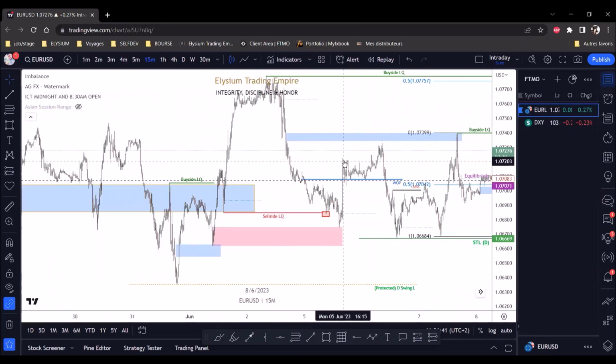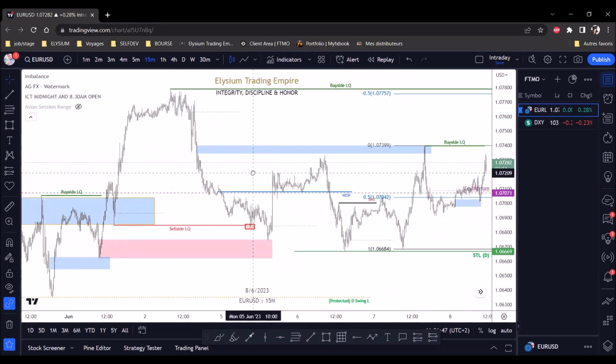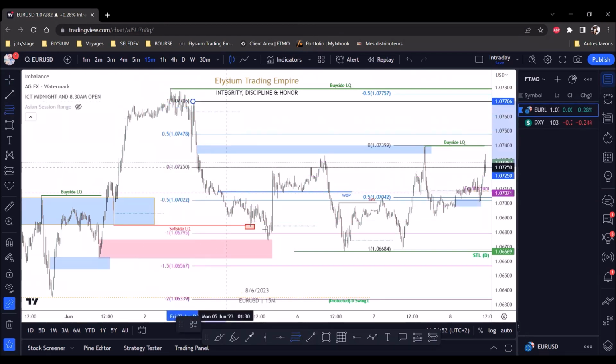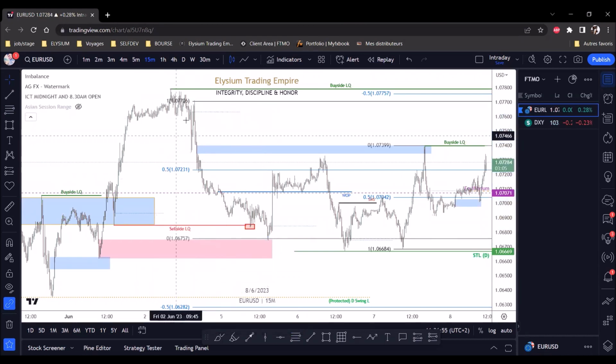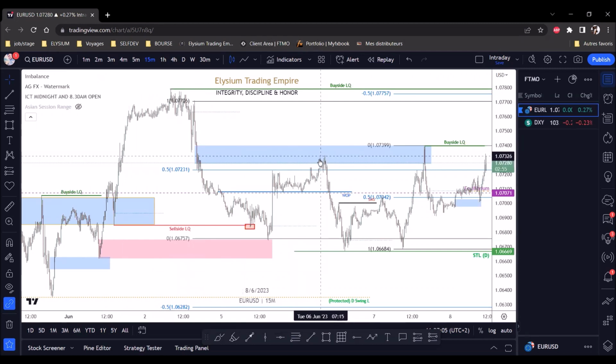But again, this is not a break of structure. They want you to think it's a break of structure because it's impulsive. It's always the same move, but the real internal range was this one, high to low. There was a 1 hour fair value gap, but I didn't like this retest, to be honest.